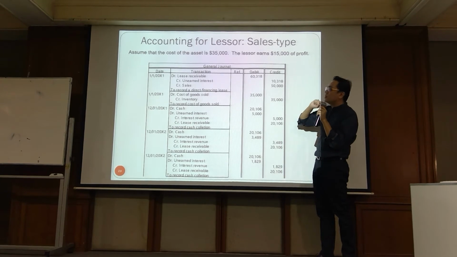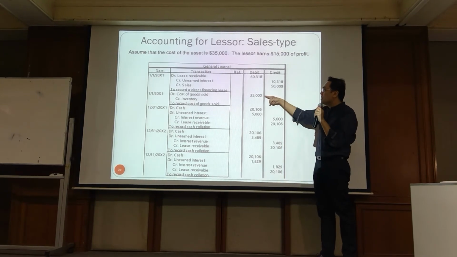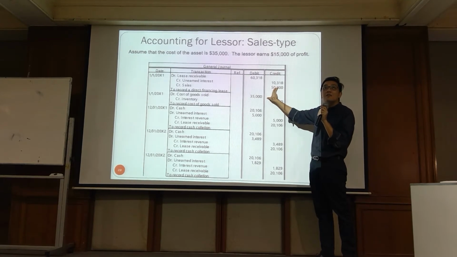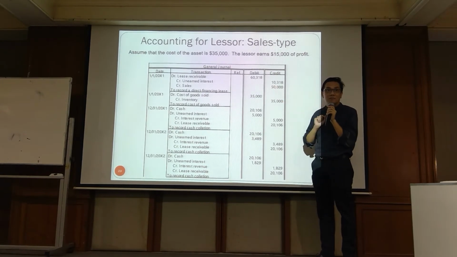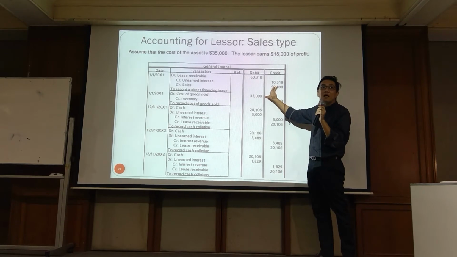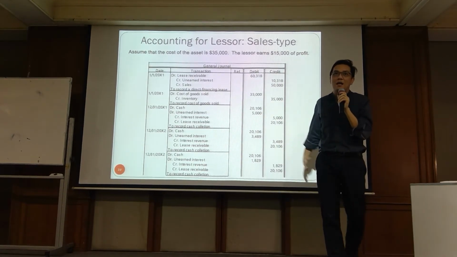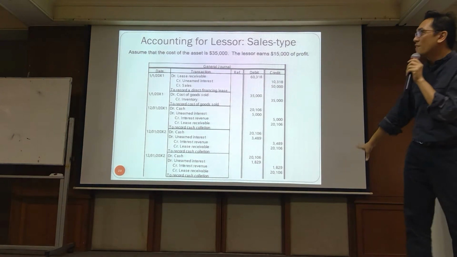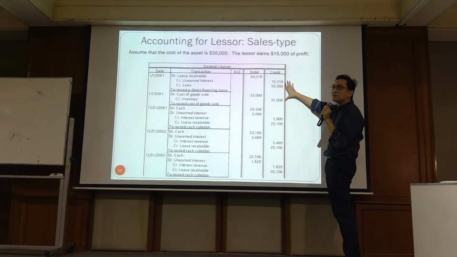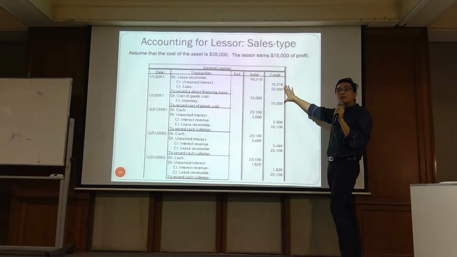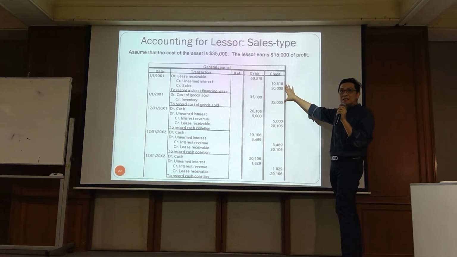Let's assume the cost of the asset that you just made is 35,000. So how much profit do you make so far? 15,000. Right? Sales versus cost of goods sold. The rest is the same. I'm not going to touch that. The difference is only the first two journals here. Got it? That's what we call a sale-type lease.